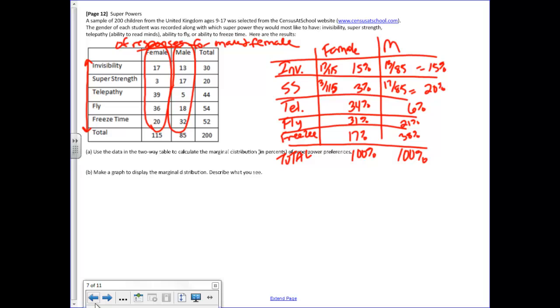Female add up to 100, males add up to 100%. So you've got your female, you've got your male. Make your segmented bar graph that goes up to 100.